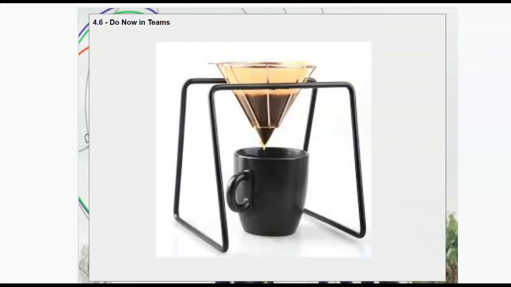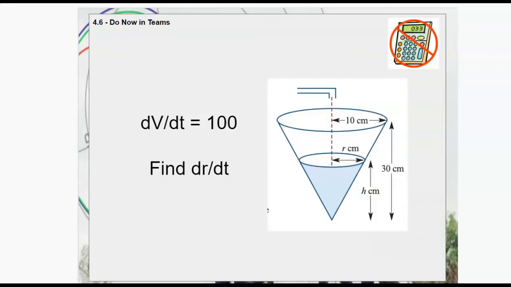What I'm interested in as I make my coffee each morning is, for a given flow rate, so a given amount of water coming into this cone, how fast is the radius of the water going to increase? And I was thinking about that this morning, and I maybe started to summarize the problem by this diagram here.